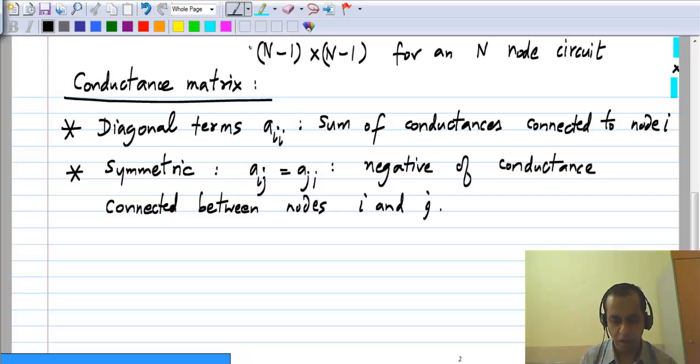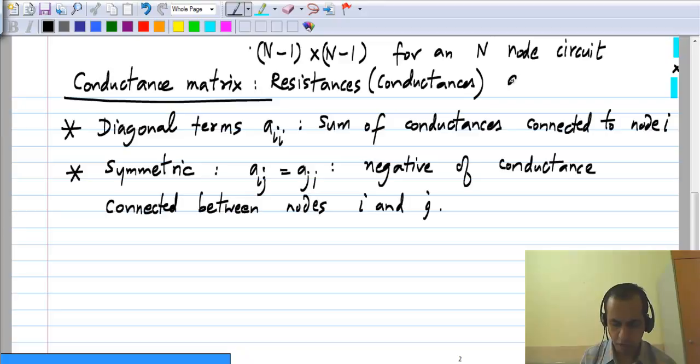Okay, and also these properties we have written, they are for the specific kind of circuits we have been considering, which consist of only resistances or conductances and current sources.